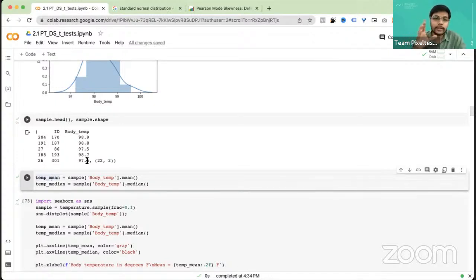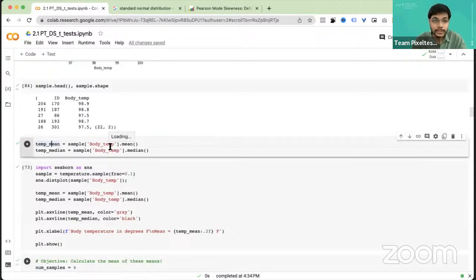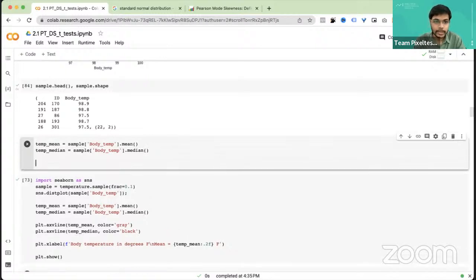Which will clear our hypothesis testing concepts also, and we'll also have an example, right? So I'm going to do the same that we have done with the bigger, larger data set. I'm going to do the mean and median, but here on the sample, right? So let me do that. And I'm also going to print them.